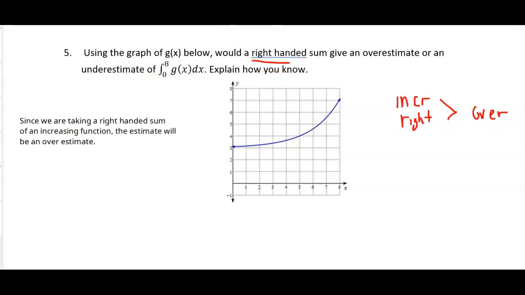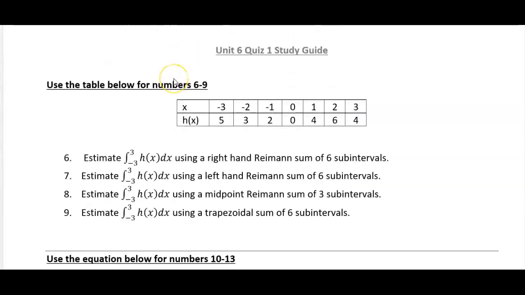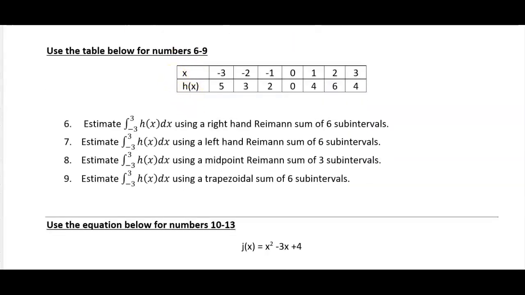All right, let's go ahead and move on. And before I move on, actually, you can memorize the chart, but you can also just understand the process. I mean, if you have this graph here and just sketch a rectangle, you'll see that it's above the curve, so that would be an overestimate. Sometimes it's a little more complicated than that, especially if it's underneath the x-axis, but you can check your work that way. Let's go ahead and move on to the next part here.